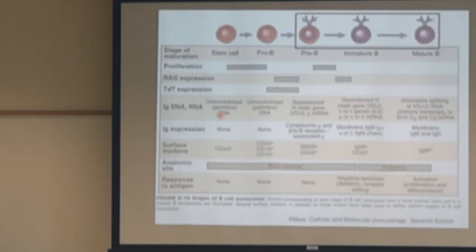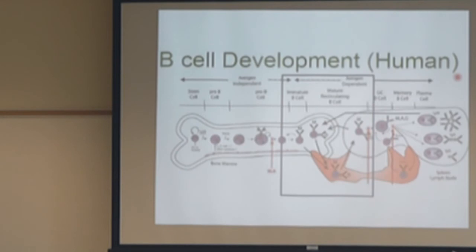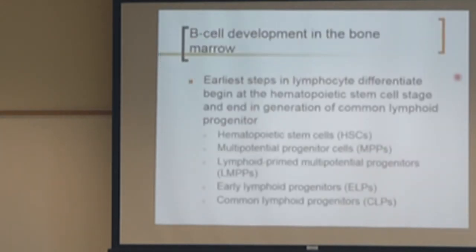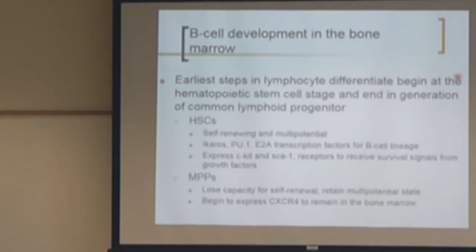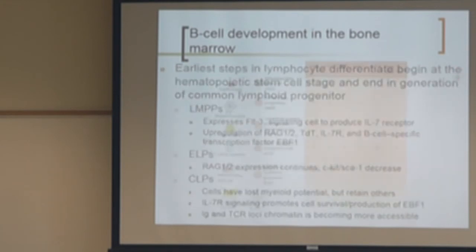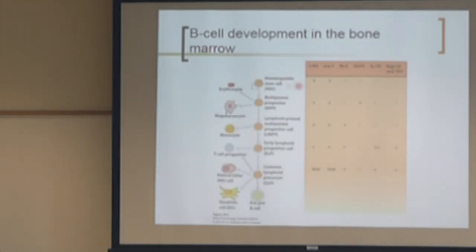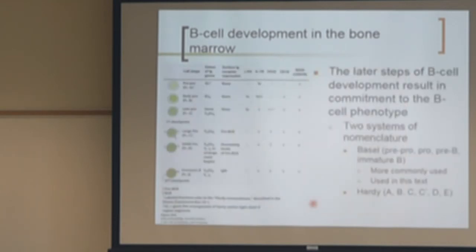And then, when do you have what IGs on what stage of development, and what recombination has occurred during what stage of development? What are the ratios of IgM and IgD? What are the precursor cells from hematopoietic stem cell to pre-pro B cell?